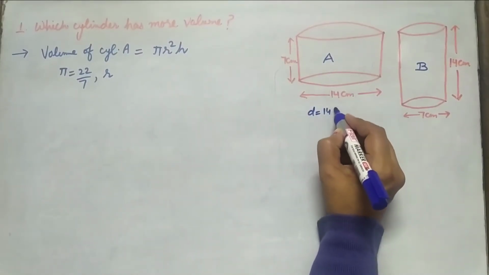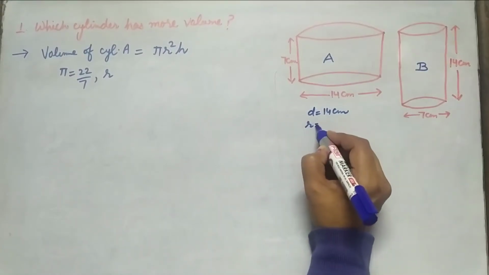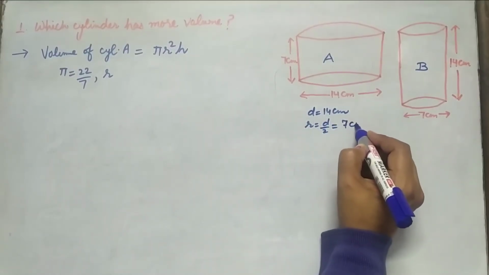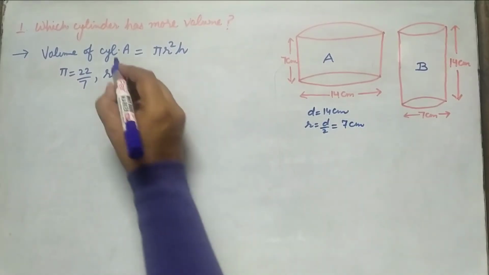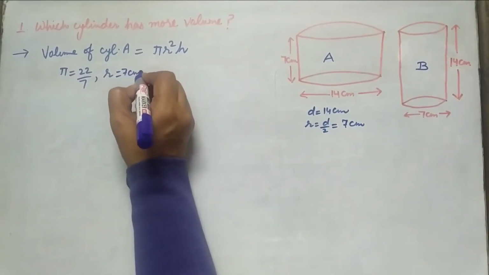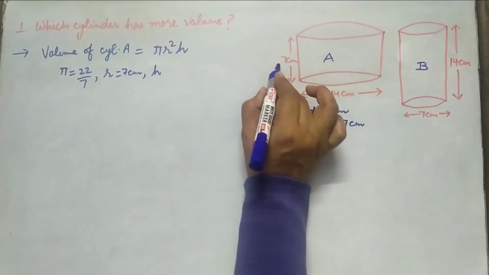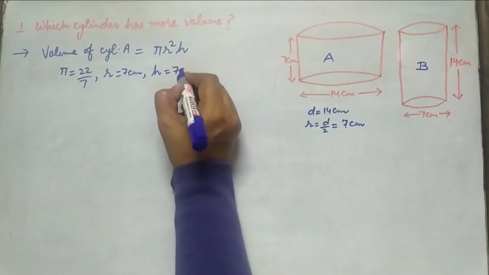Diameter is 14 cm. Therefore the radius will be half of diameter. Half of 14 is 7 cm. Radius is 7 cm. Next is h, height. Height of cylinder A is 7 cm.